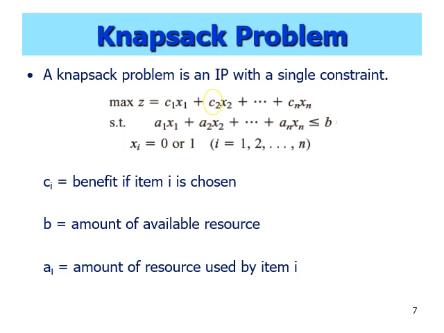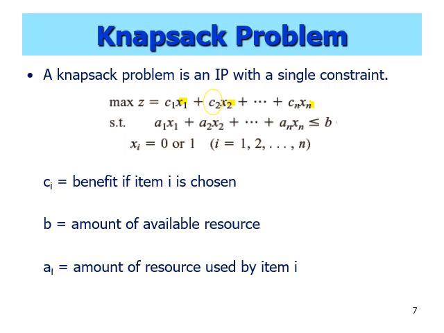A knapsack problem is an integer programming problem with a single constraint. In the objective function, we want to maximize the total benefit that we obtain from all items that can be taken with us in our knapsack. The knapsack is a big bag, and you have a lot of items, like 1, 2, 3, up to n items that you can take into the bag.